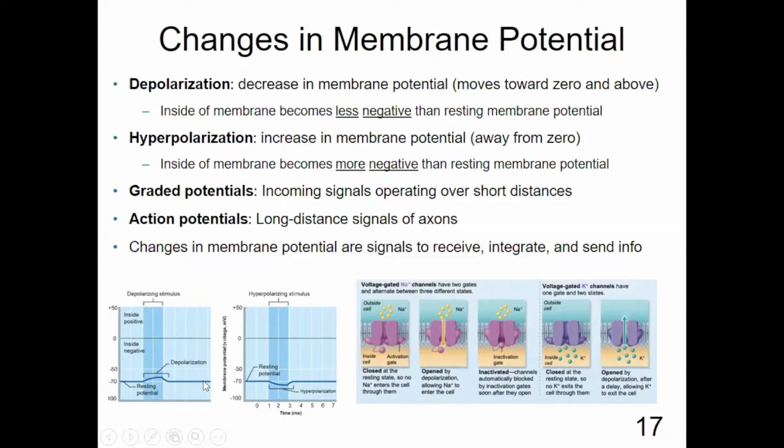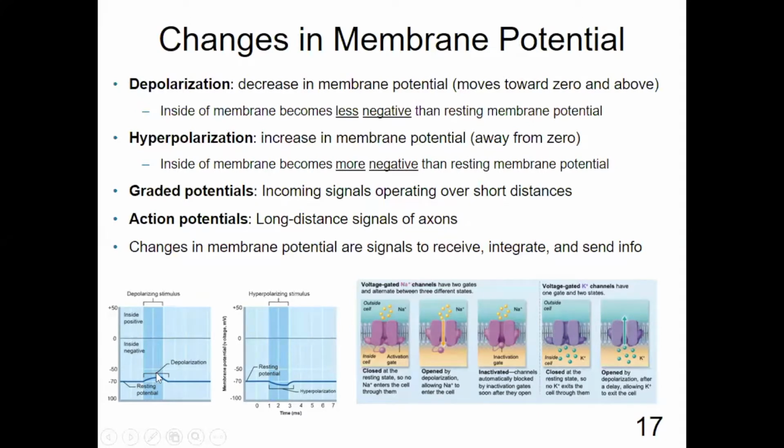So depolarization refers to a change in the membrane potential such that it becomes less negative or closer to being positive, right? Because it's going in this upward direction.